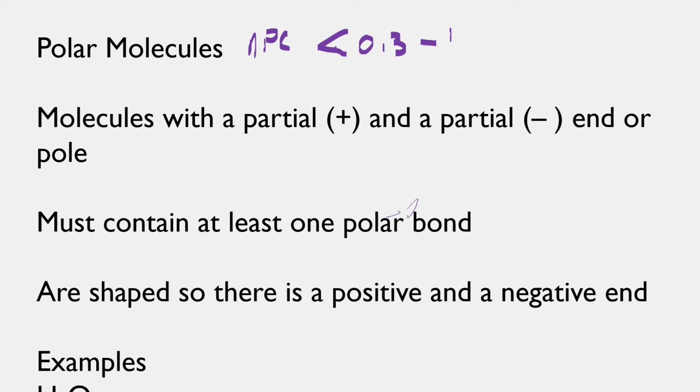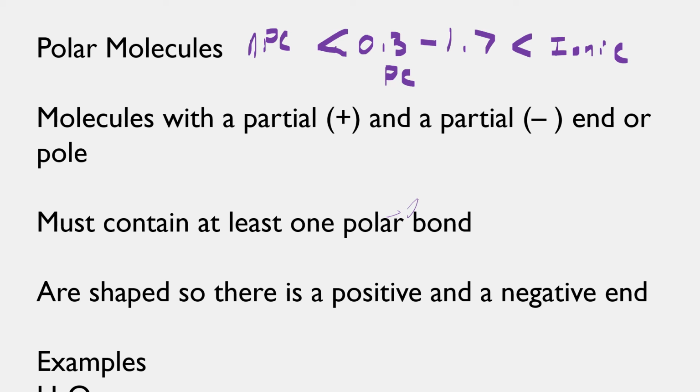If it's between 0.3 and 1.7, the electronegativity difference, you have polar covalent, and if it's larger than 1.7 electronegativity difference, you have ionic. Remember, you got to memorize that, okay? So if you can look at bonds and tell their electronegativity difference and whether they're nonpolar, polar, or ionic.